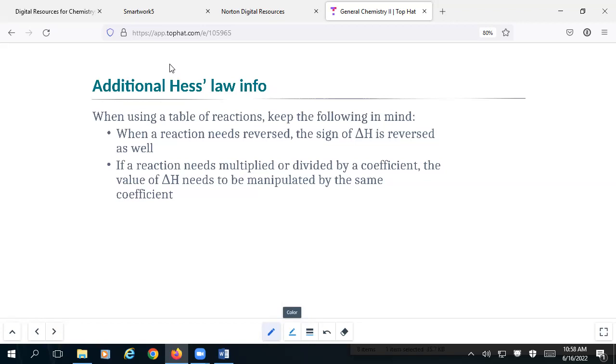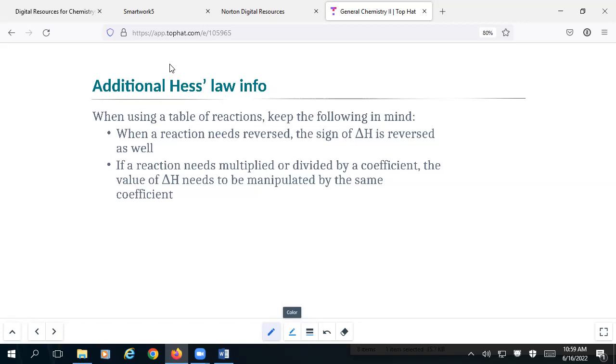The things to keep in mind: if we have to manipulate an equation to serve our purposes, we need to make sure that we do the same manipulation to the enthalpy value associated with that reaction.